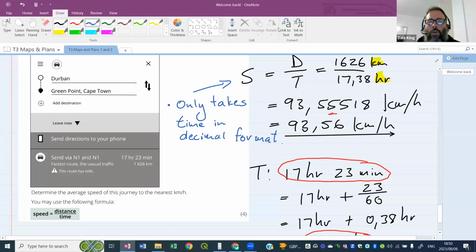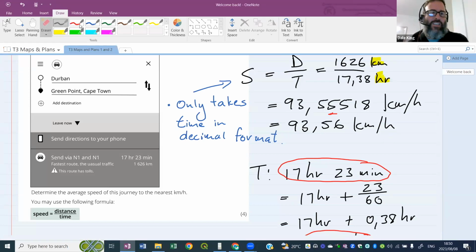All right, number one. Because the speed is a decimal, we are going to round it off to 2 decimal places because that'll be the main instruction in the exam. The instruction in the exam is to round off to 2 decimal places unless told otherwise.